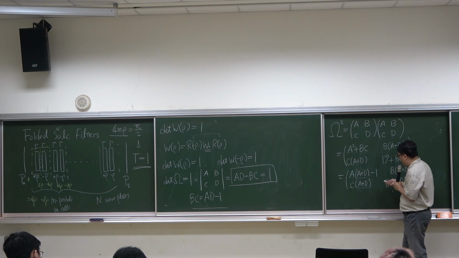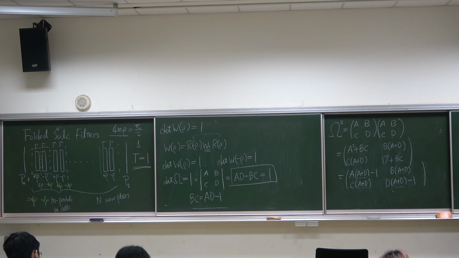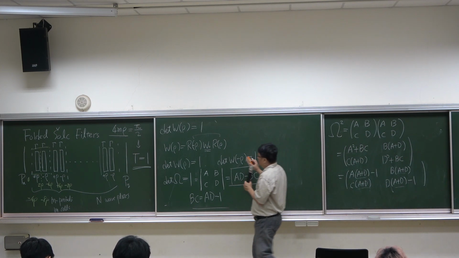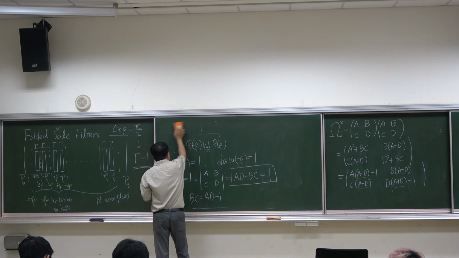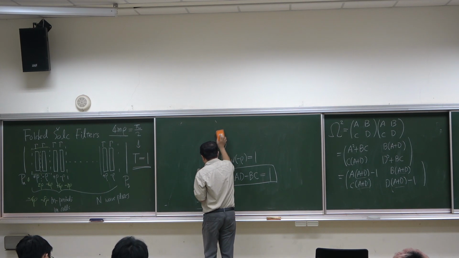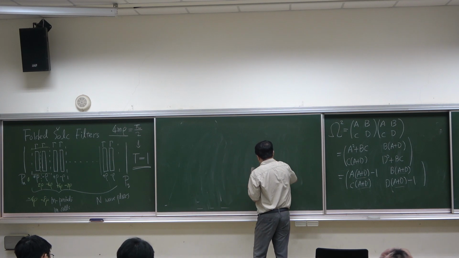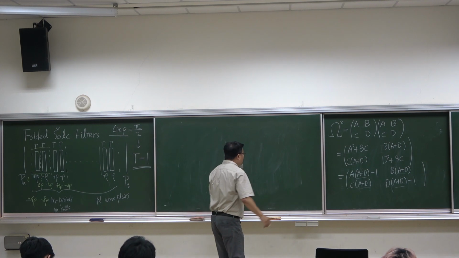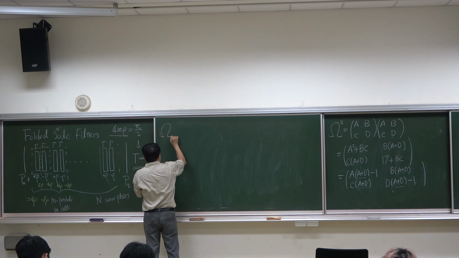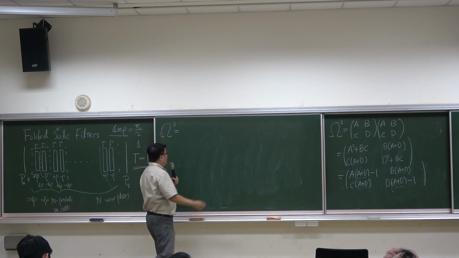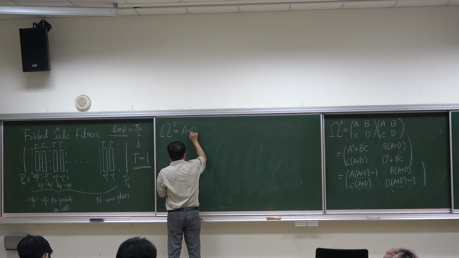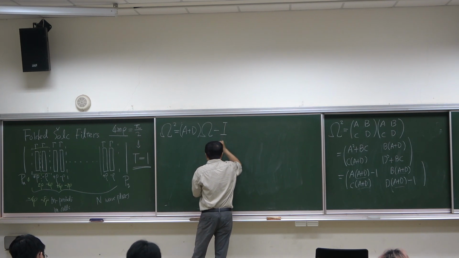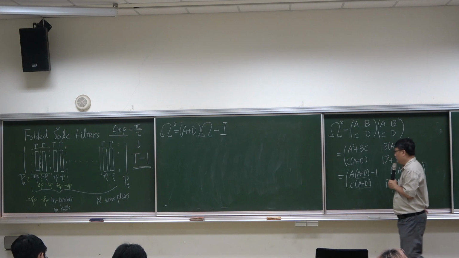A plus D appears at every matrix element. Okay. So this means that omega squared is equal to A plus D times omega minus the unit matrix.